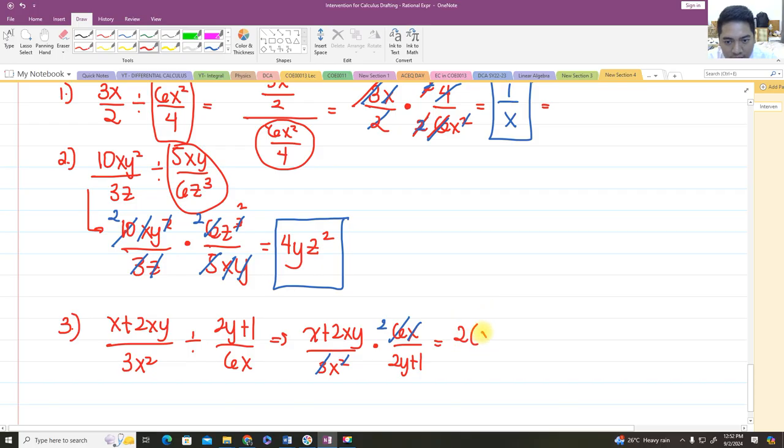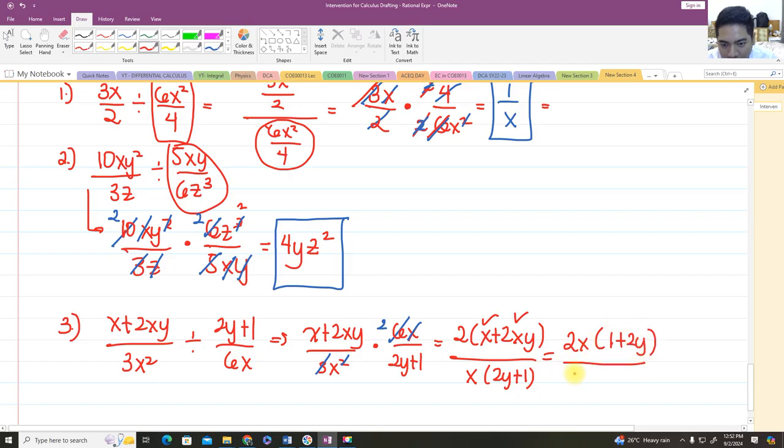And of course, we can factor it first. So, you have x plus 2xy all over x times 2y plus 1. I can still factor out x here. So, you have x times 1 plus 2y, all over x times 2y plus 1.